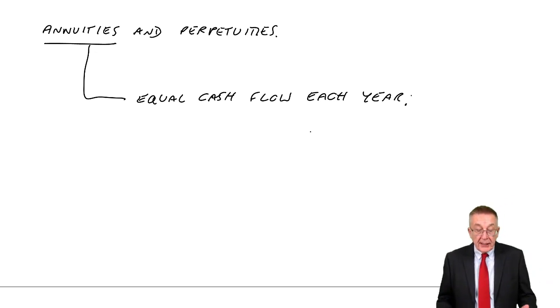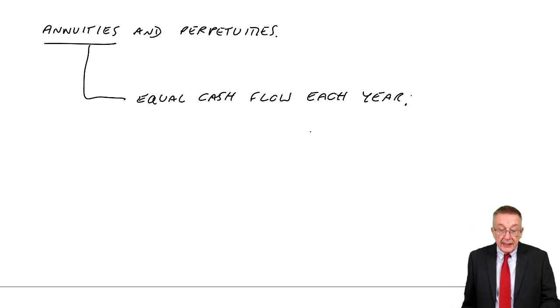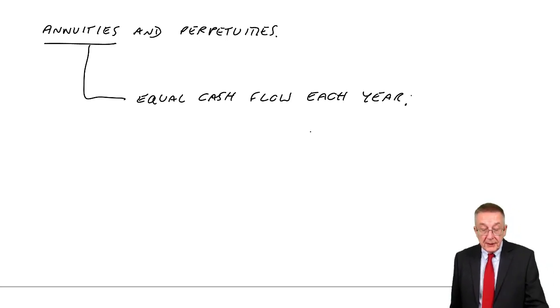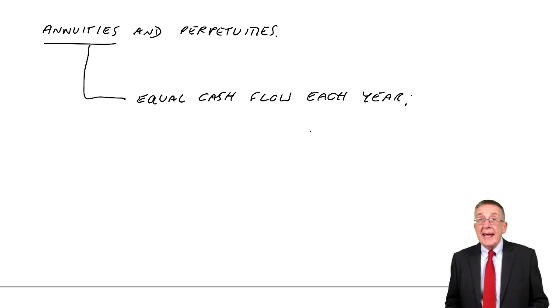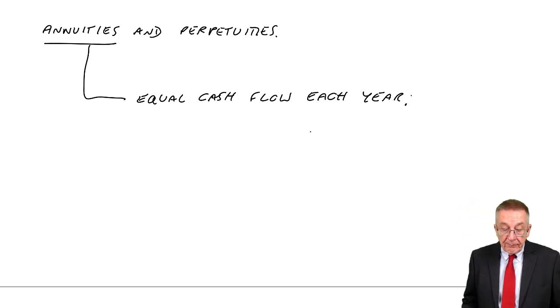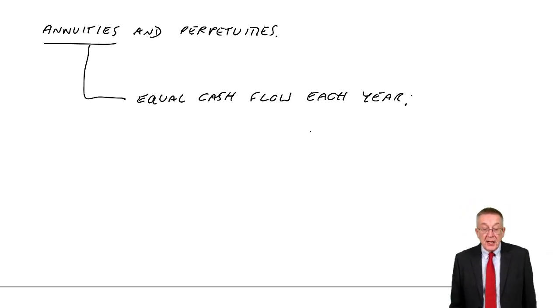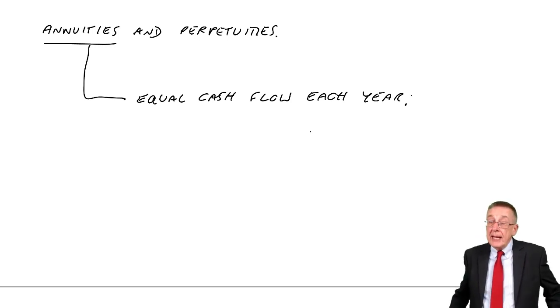And so to explain exactly what I mean and how we deal with it, look at example 4. A machine will cost 45,000 and is expected to generate 8,000 a year for each of the following 8 years. The cost of capital is 15% a year. Calculate the NPV.